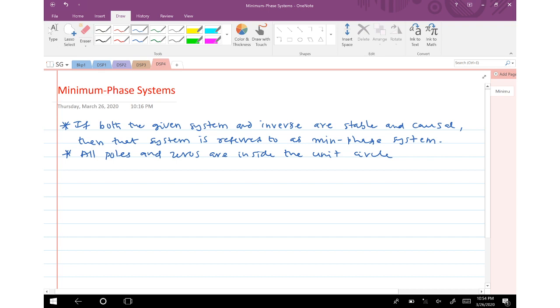Why do we study them? Because it would be quite useful to impose such additional constraints in lots of problems. Usually a system being stable and causal is one constraint, but there's an additional constraint that its inverse is also causal and stable.